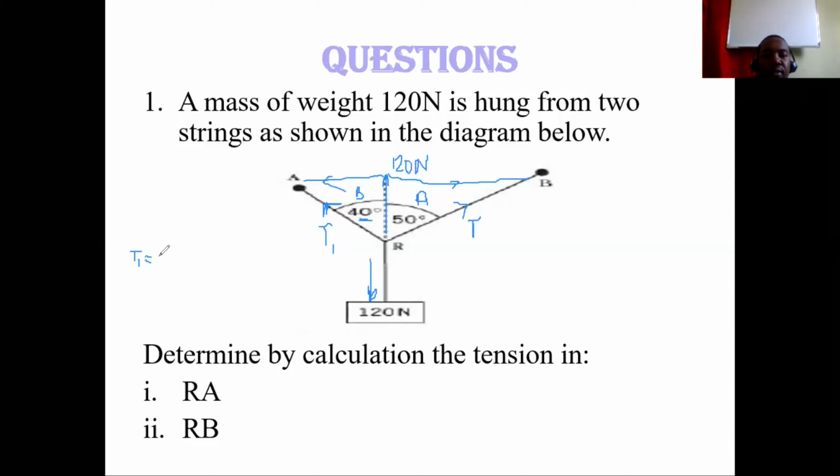So it would be 120, which is adjacent to the angle, cos of the angle, which is 40.